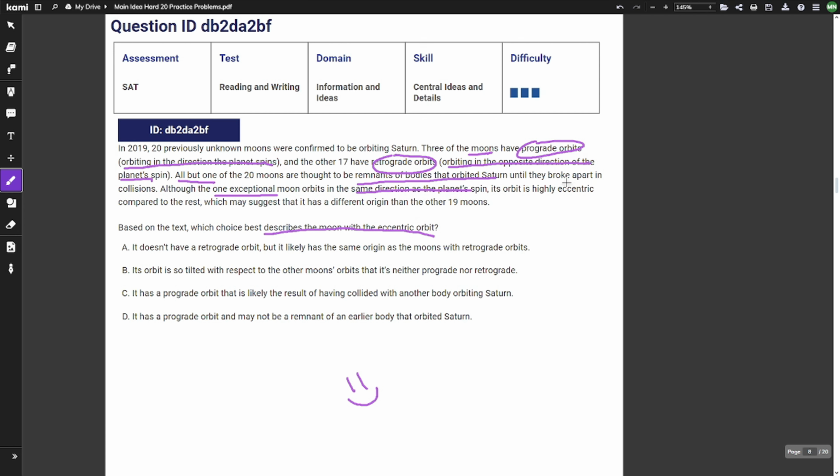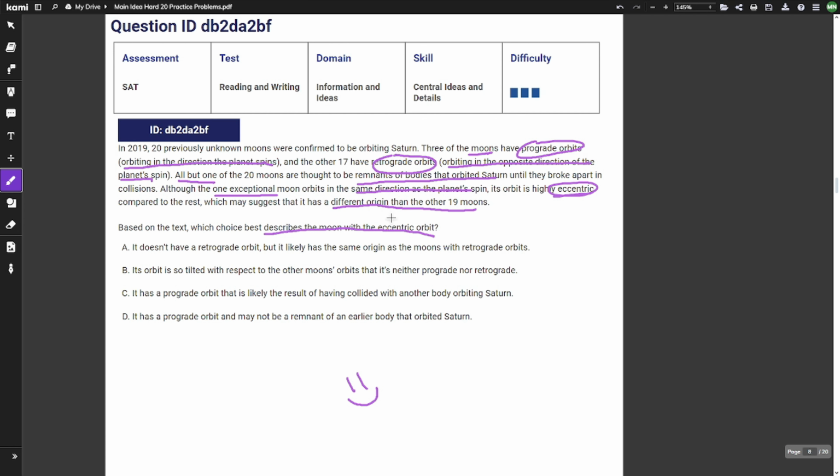However, its orbit is still super weird, and that may mean that it has a different origin than the other moons. So just to recap, we have this one special moon that has a super weird orbit even though it's a prograde orbit, which means that it might have a different origin.